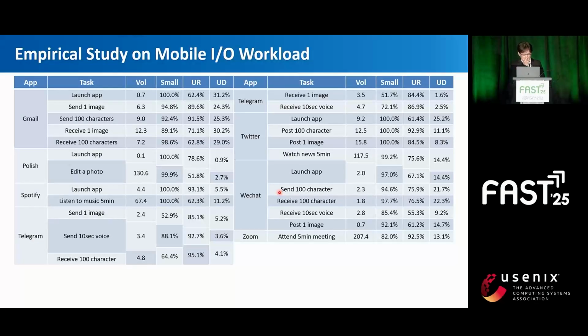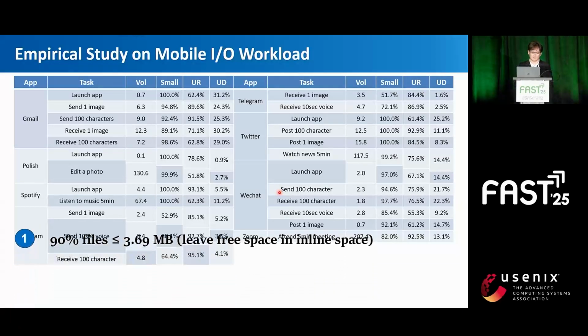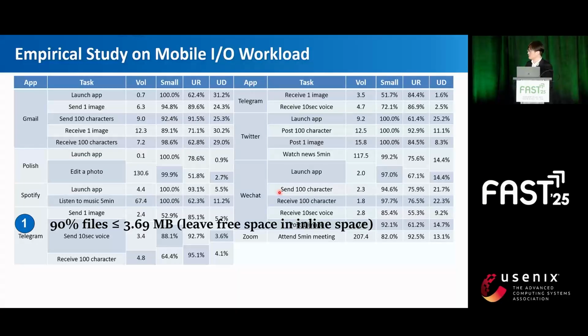So now we analyze the mobile I/O workload, and based on this result, we have a few observations. The first is about 90% of all files do not use all the pointers in the inline area. That means these files have some free space in their inline area.